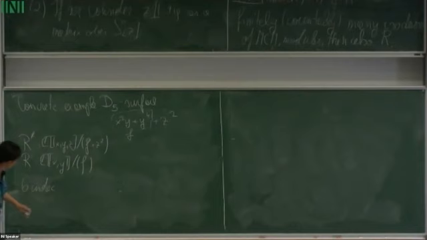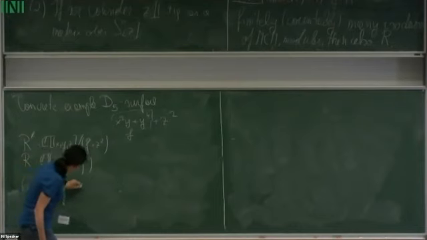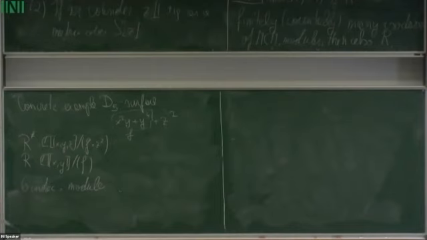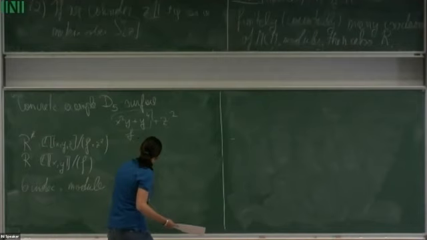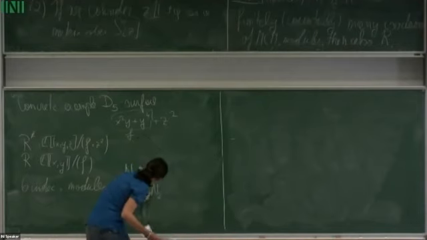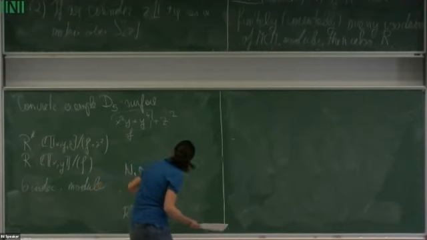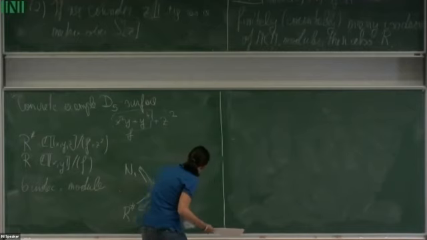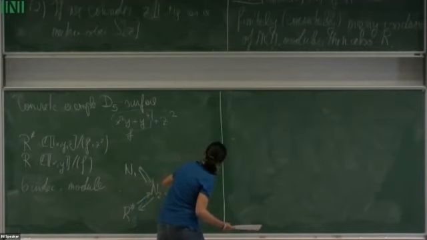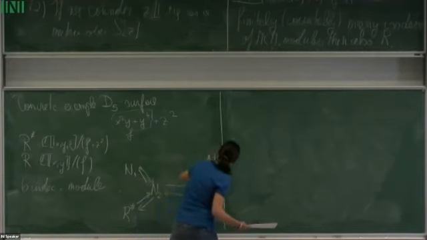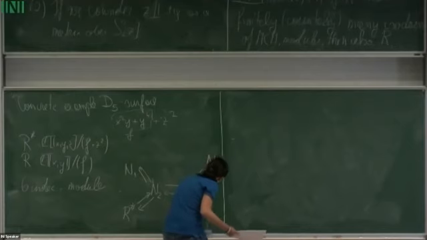So we have 6 indecomposable modules or irreducible representations, and they look as follows. Here we have M1 up to M5 and R sharp.